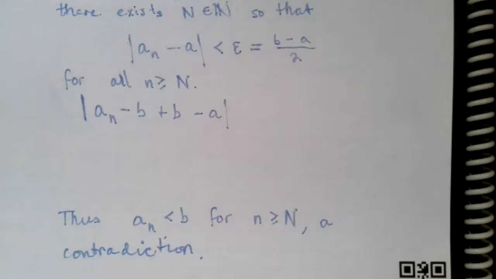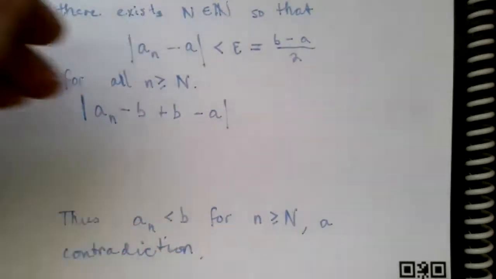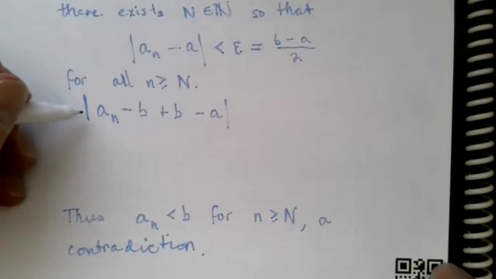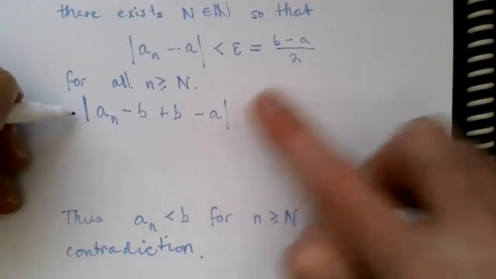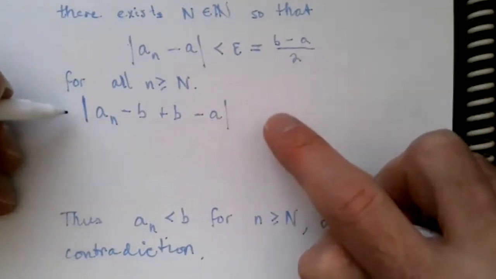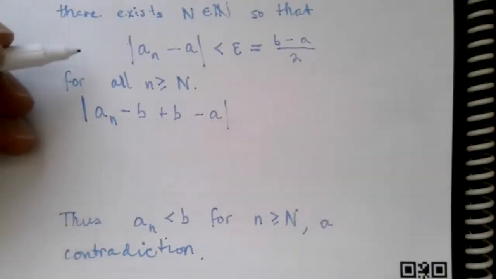You can say that's less than B minus A over 2, because epsilon equals this. Yes. So this is less than B minus A over 2.